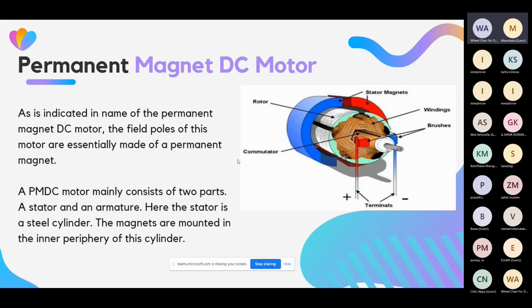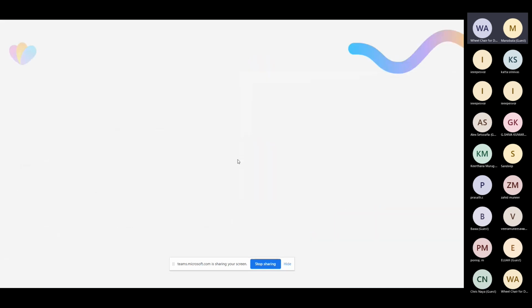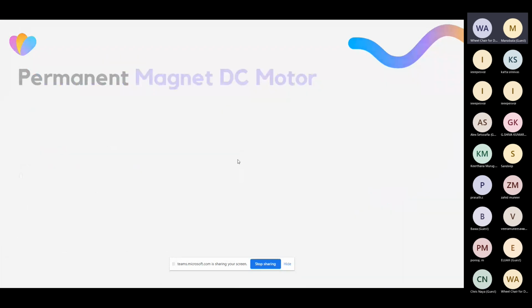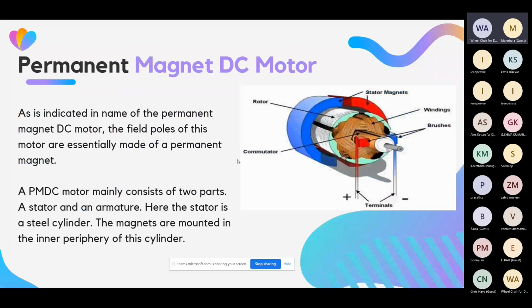So by using these permanent magnet DC motors, we are able to rotate the wheels to move in the forward direction and backward direction. A permanent magnet DC motor mainly consists of a stator and rotor. As we all know, the motor function is to rotate.